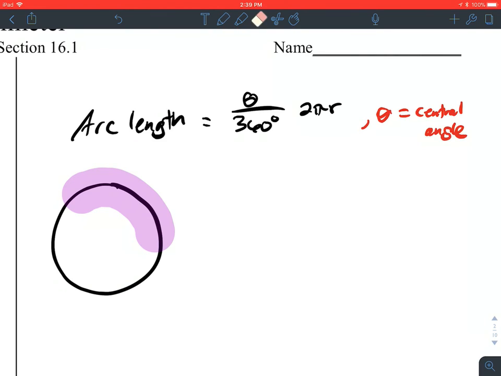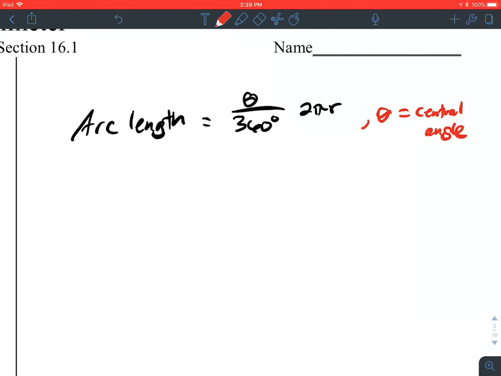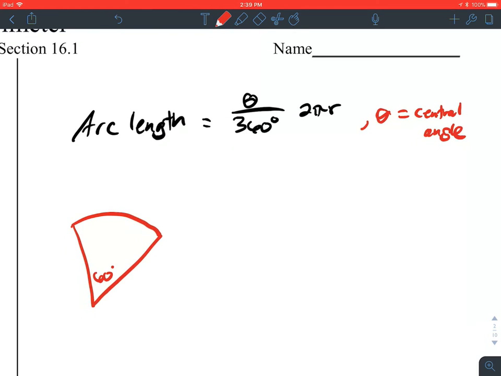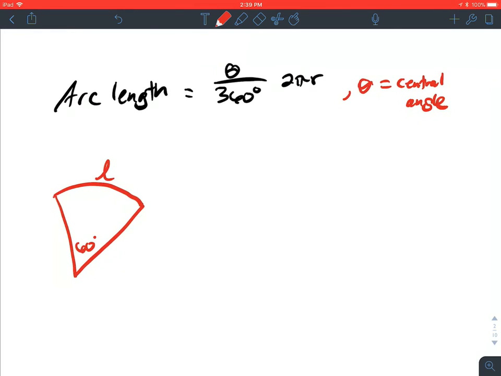So let's say, for example, we were given part of a circle, and we were told that this was 60 degrees. We want to find the length L, this arc length.